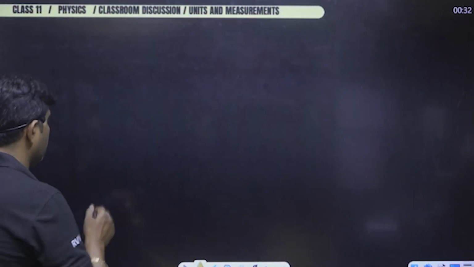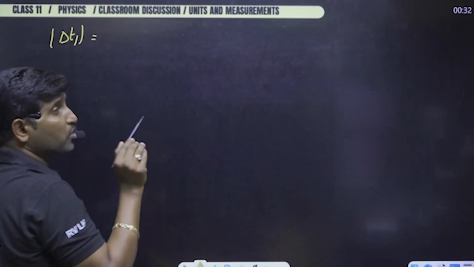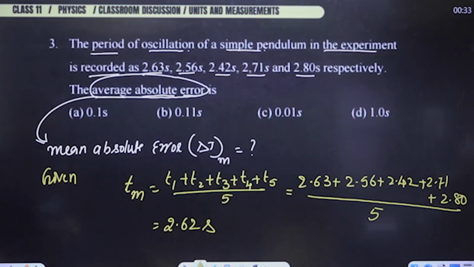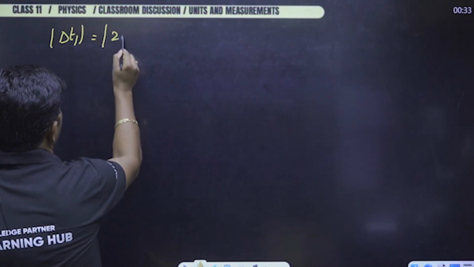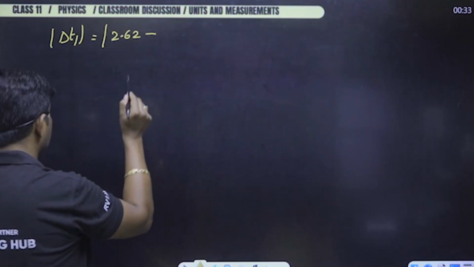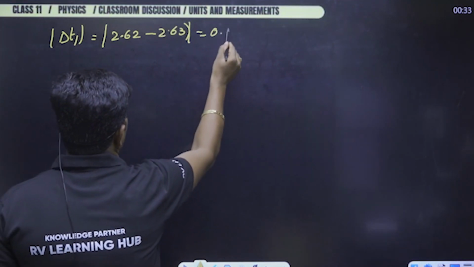Now calculate the error in each and every trial. If you do simplification here, we'll get delta T1. We can say it is 2.62 minus the first trial, 2.63. You will get the answer as 0.01.